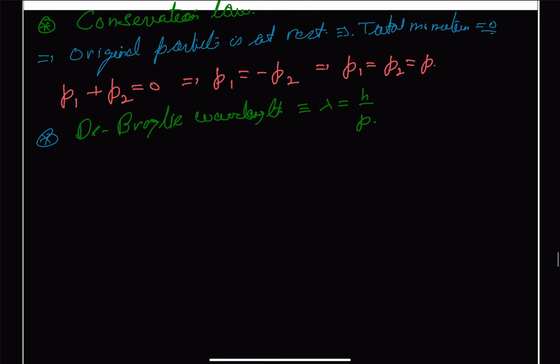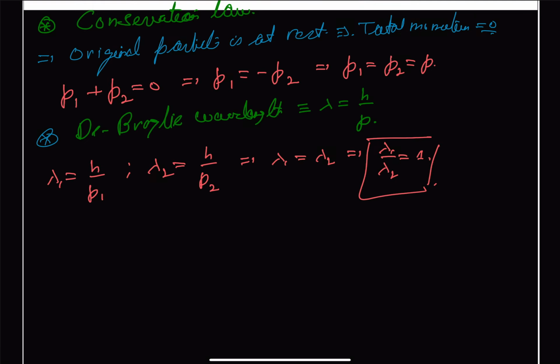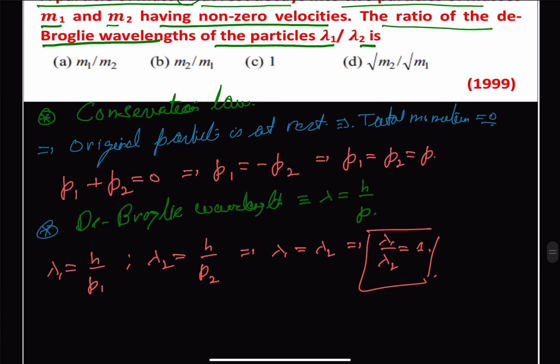So based on two particles, two wavelengths: lambda 1 is equal to h upon p1, and lambda 2 is equal to h upon p2. But p1 is equal to p2, h is equal to h. So this gives us that lambda 1 is equal to lambda 2. From here we can say their ratio is equal to 1. So option C is correct.